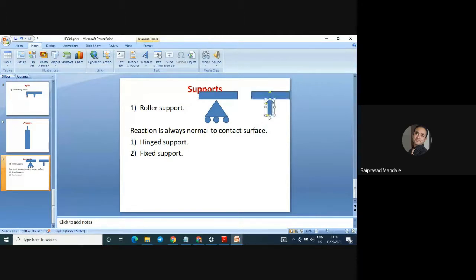The roller support is nothing but a normal support. The reaction is always normal to the contact surface. This is very important. We require these things in future.